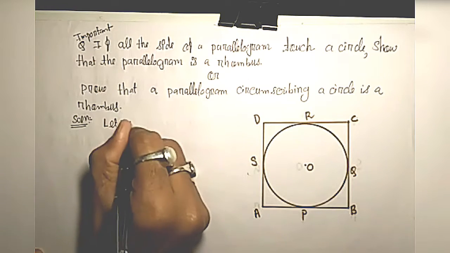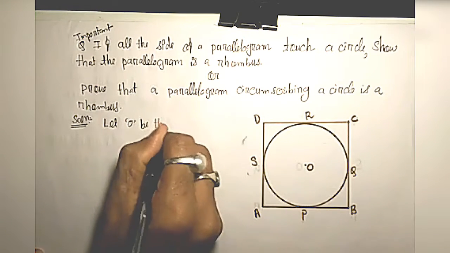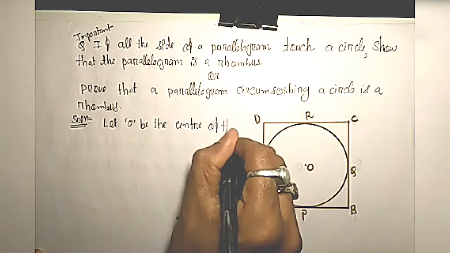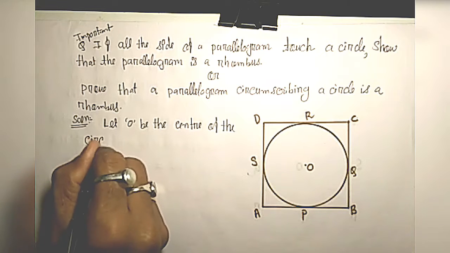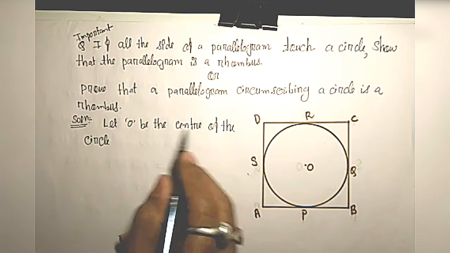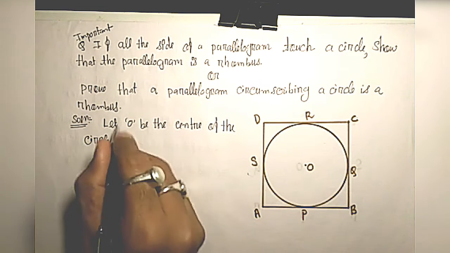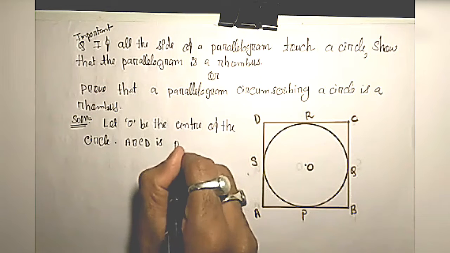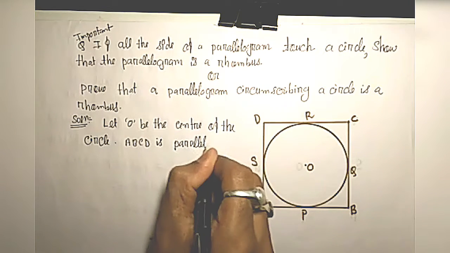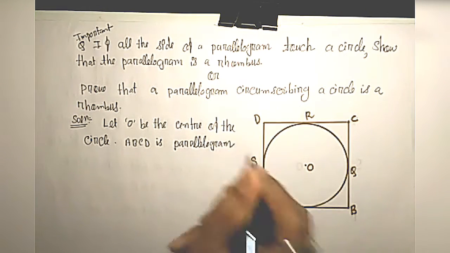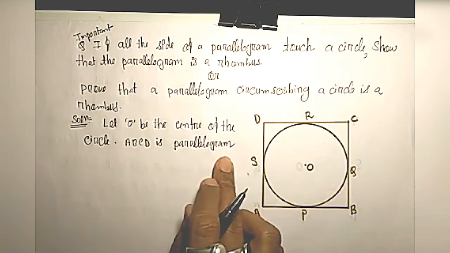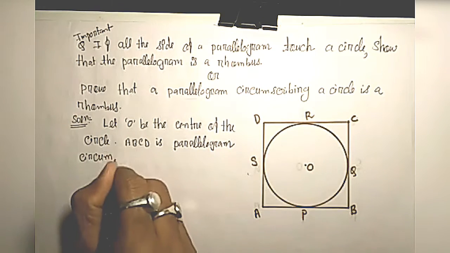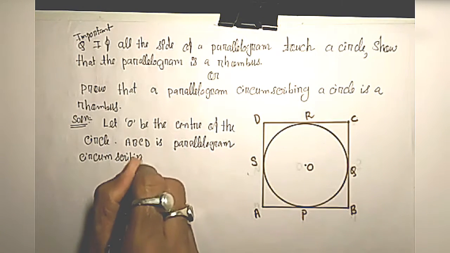In this case, first of all, write down the given part. Let O be the center of the circle. ABCD is a parallelogram touching the circle at the points PQRS.